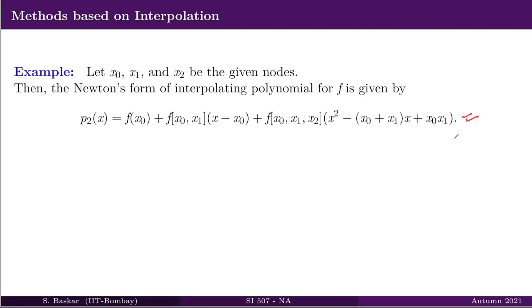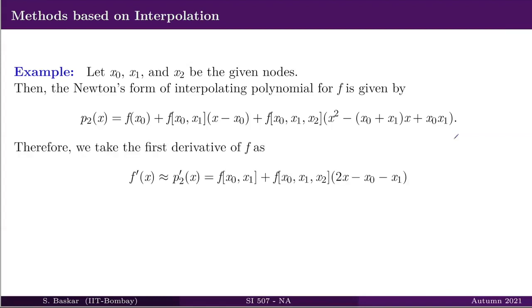Once you have this polynomial, you can use this polynomial to approximate f dash and also f double dash, if you observe. But don't try to approximate f triple dash with this polynomial. You may not get anything interesting out of that. So if you are using a quadratic polynomial interpolation, you can at most approximate f double dash.